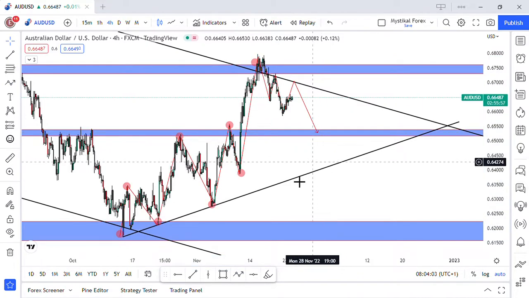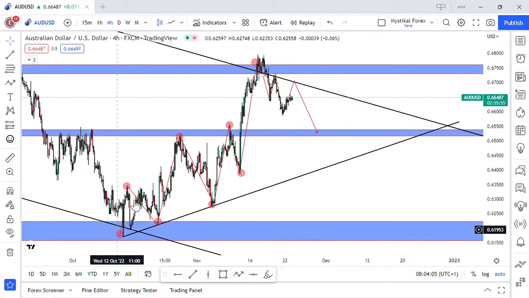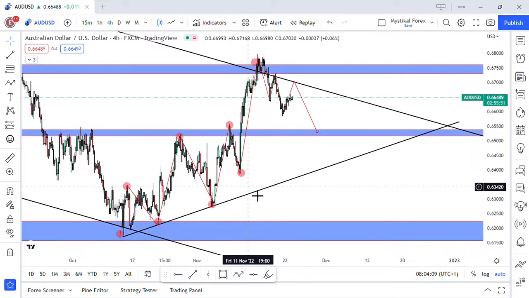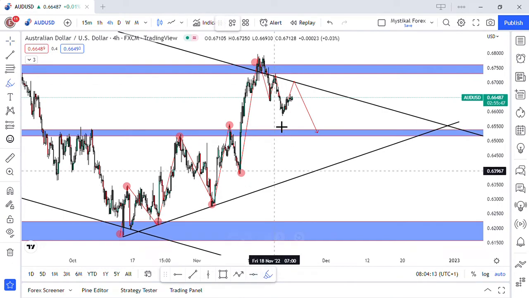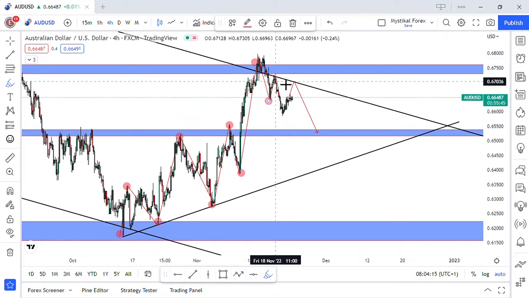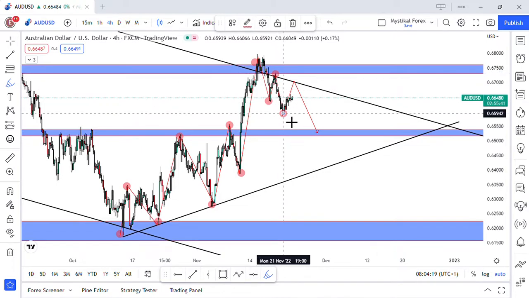Right there. So the market has been moving in higher highs, higher lows, higher highs, higher lows, and we've just recently moved into creation of a lower high and a lower low.